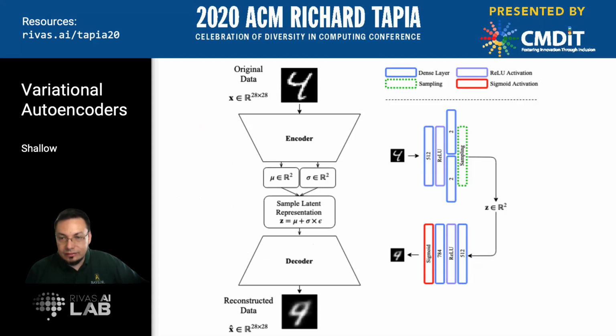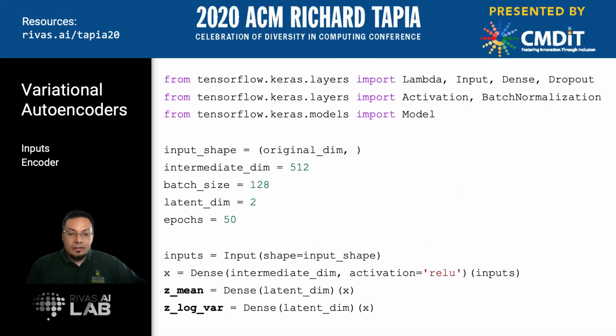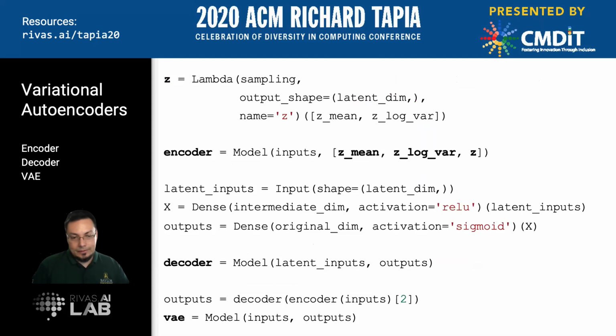It's going to the dense layer followed by a ReLU activation here. But then that data goes into two dense layers. One is supposed to learn the mean, and the other one the log variance. So those are the parameters of the distribution of the latent space.